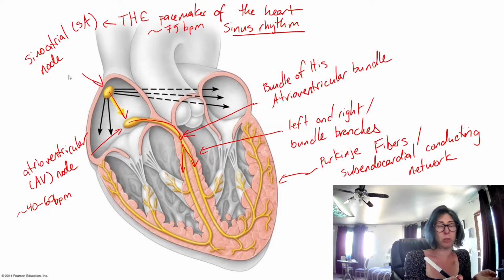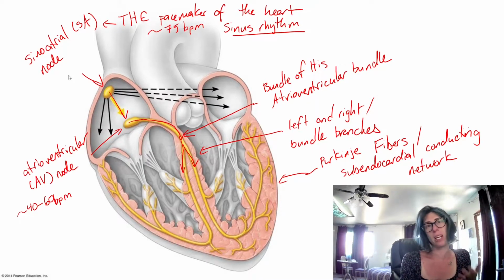And if for some reason both the Sinoatrial node and the atrioventricular node go out, there are other clusters of pacemaker cells that can take over, but they're so slow, like 20 beats per minute or less. It's not fast enough to stay alive. Your heart needs to beat faster than that, so you would need a pacemaker to survive that.